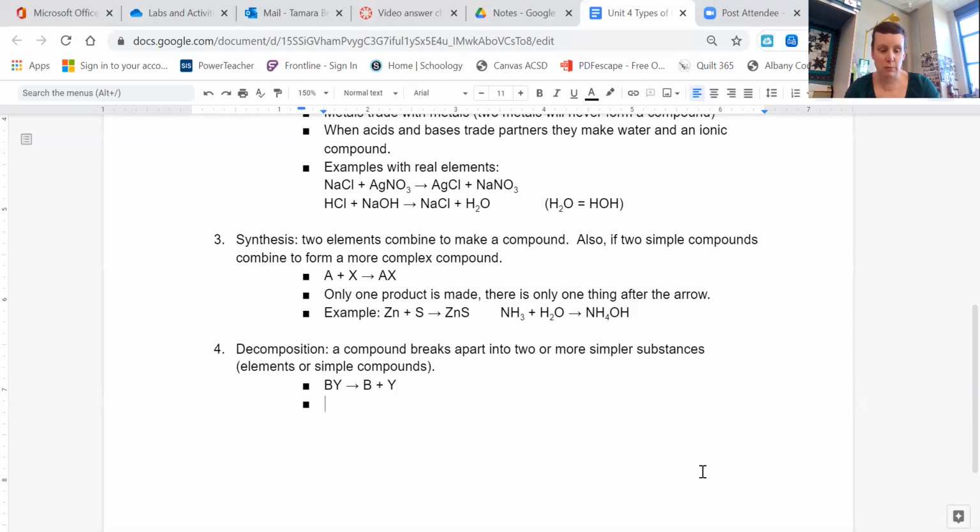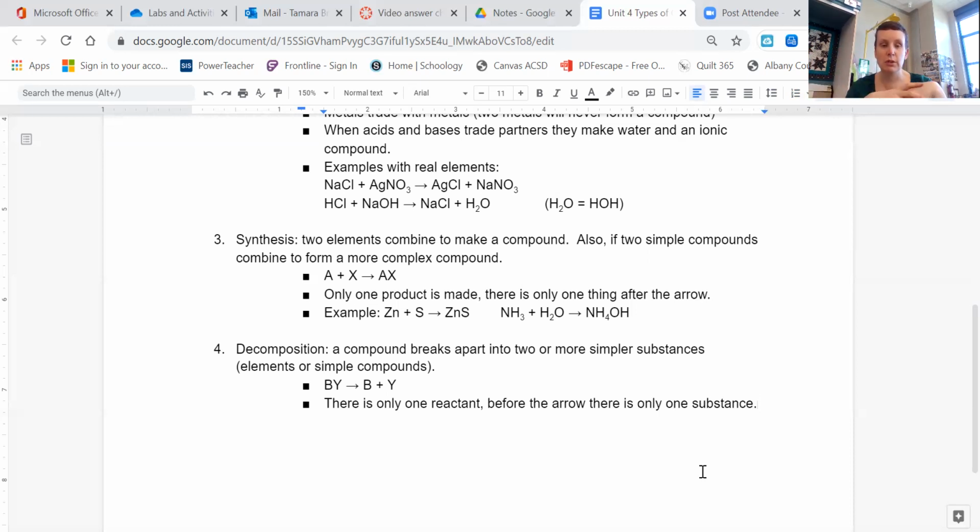That was just supposed to be fake. Okay, there is only one reactant. Okay, so before the arrow, there is only one substance. All it can do is fall apart into different substances.